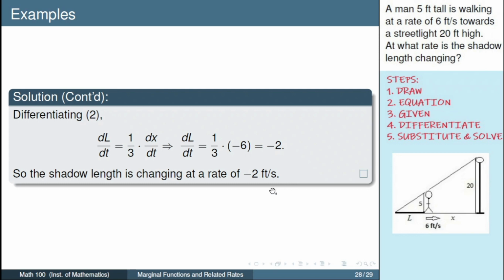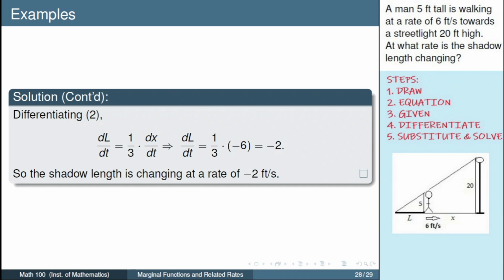Okay, so it is negative, correct, because as the man goes nearer to the street light, his shadow gets shorter. Okay? So, here we relate the rate of change of the distance of the man to the street light to the length of the shadow.